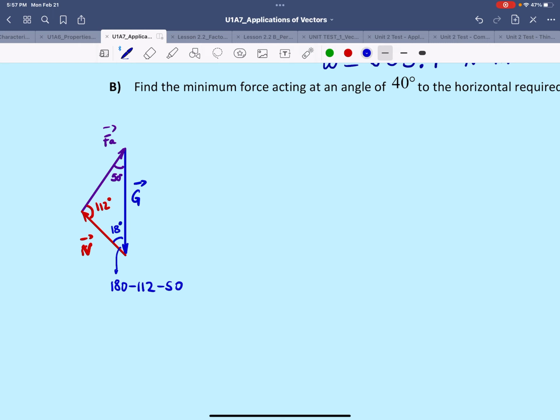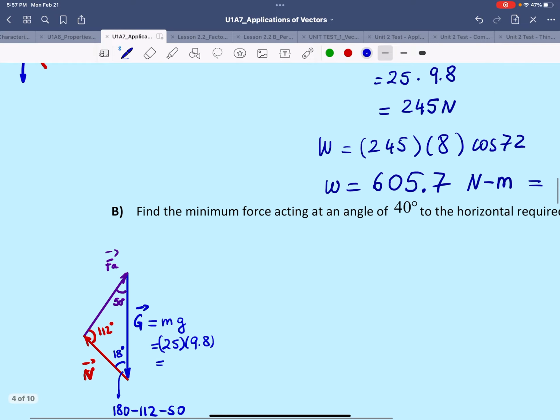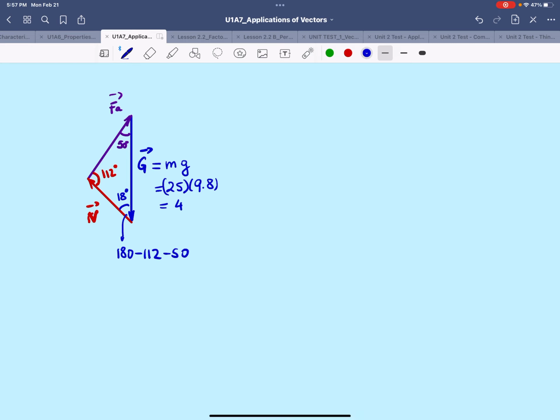So once you have the equilibrium triangle, you just use the sine law to find the unknowns. Remember that gravity will be mass times g, and that would be 25 times 9.8. We already found that for the first part of the question, which was 245 newtons.